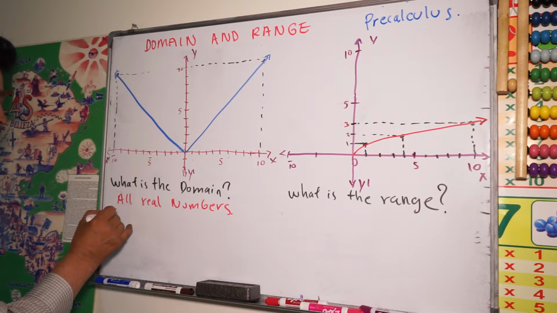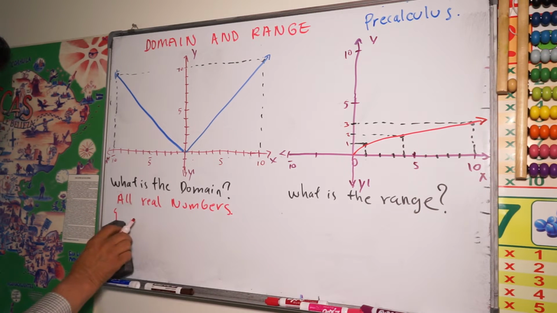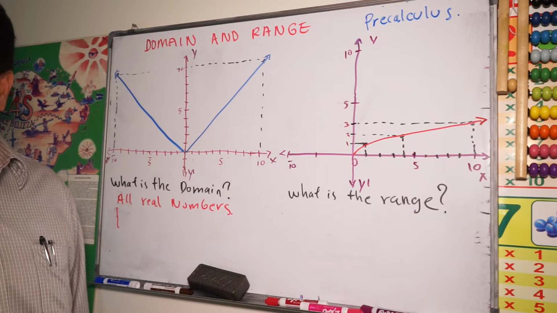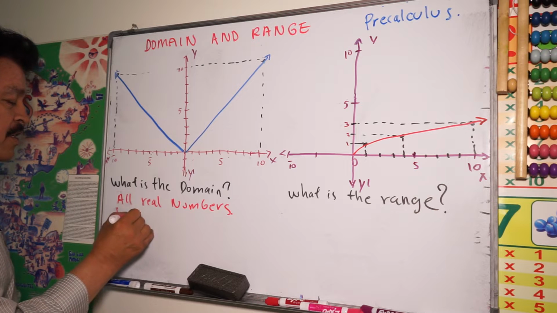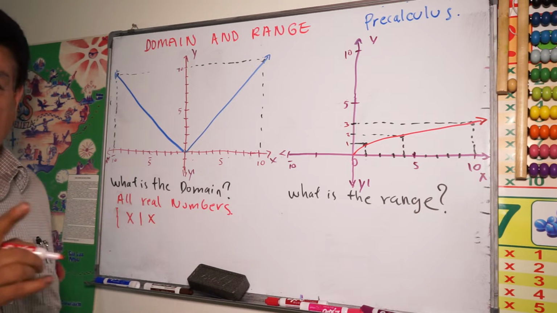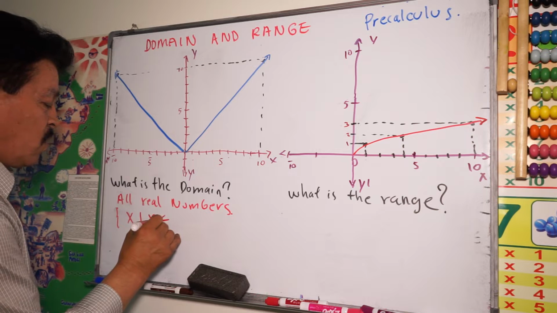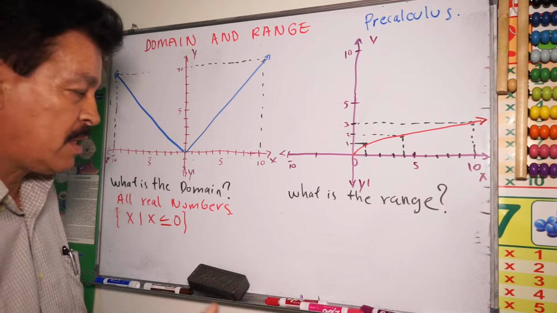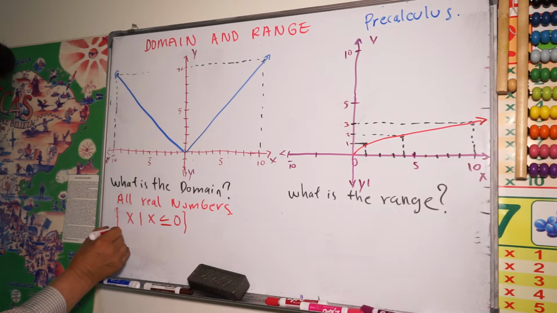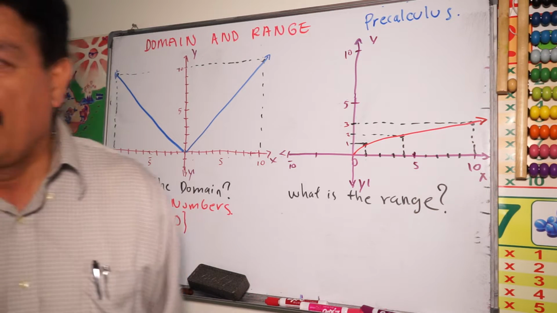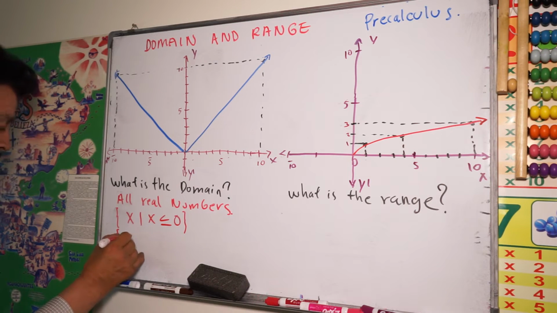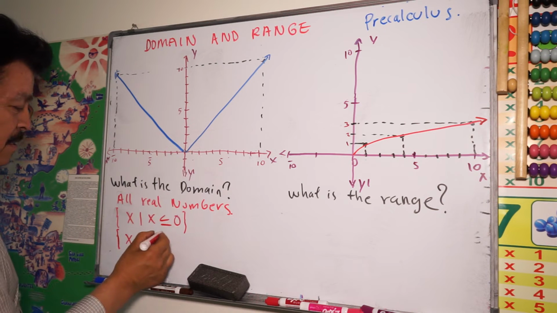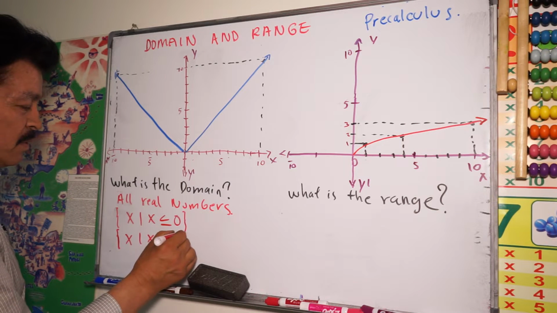The second one could be x such that x is less than or equal to 0. This is another possible answer. Another one could be x such that x is greater than or equal to 1.